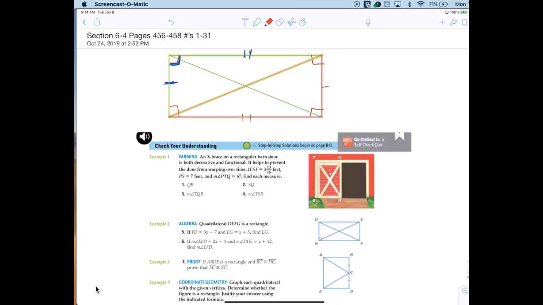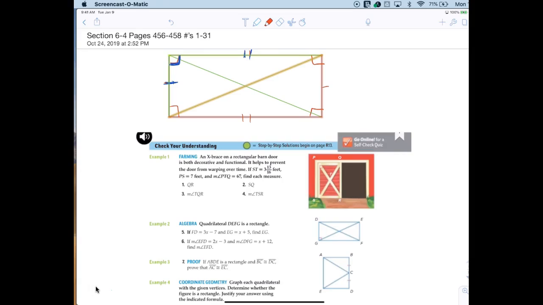In my opinion, the easiest way to do it is just look at it and say, hey, obviously those are congruent. That's what I'm hoping you can do. As soon as someone tells you it's a rectangle, you should be able to say the diagonals are going to be congruent by corresponding parts, because the top triangle and the bottom triangle are congruent by side angle side. Those are the things I'm trying to tell you.